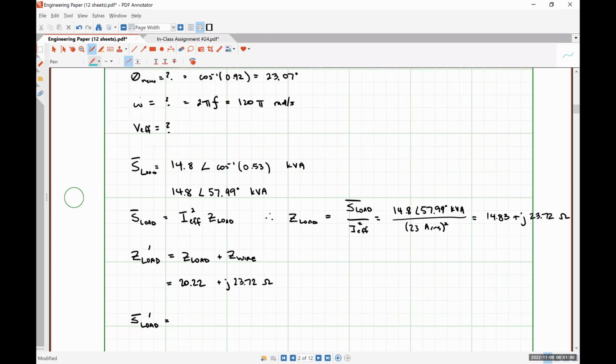Why can't we just use this equation again, but including the resistance? Right, we have all of the pieces of information for it. So that's going to be 23 amps RMS squared times 20.22 plus J 23.72 ohms.